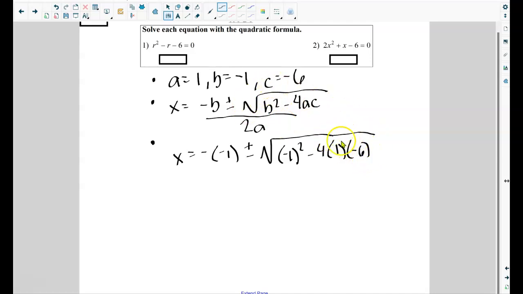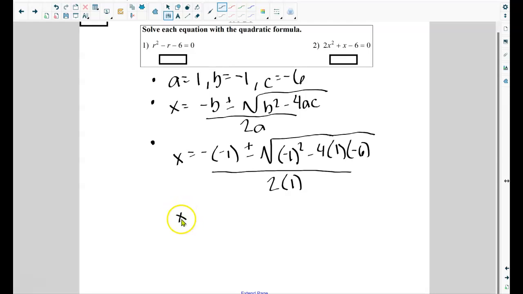Make sure all of this stays underneath the radical, the square root. All that over 2a. And by the way, this was 4ac. c is negative 6. So organizing yourself is going to be very important.